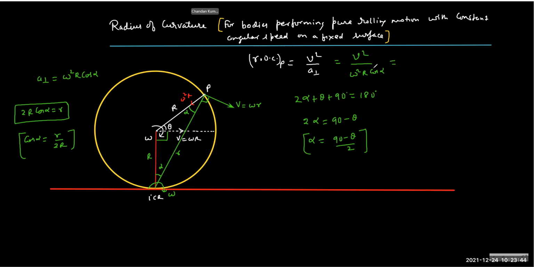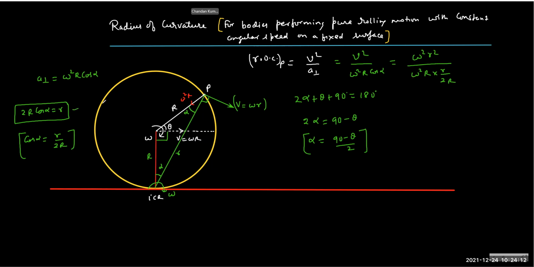So v and omega, we know the relation very well. V itself is how much? Omega small r, then omega square r, and what is cos alpha? R by 2r, correct? Sir, tell me. So that 2r cos alpha is equal to r. Okay, how is it?